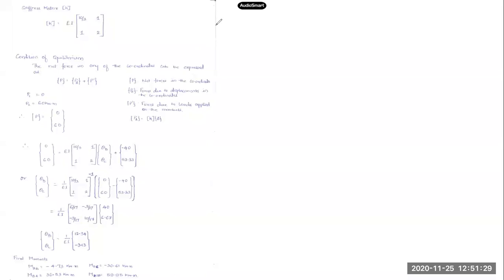So after having this stiffness matrix, now we'll consider the condition of equilibrium for that beam. Each joint in that beam has to satisfy this condition of equilibrium. The total or net force in any coordinate is equal to the force due to the displacement in that coordinate plus the force due to the loads applied on the members in that coordinate.